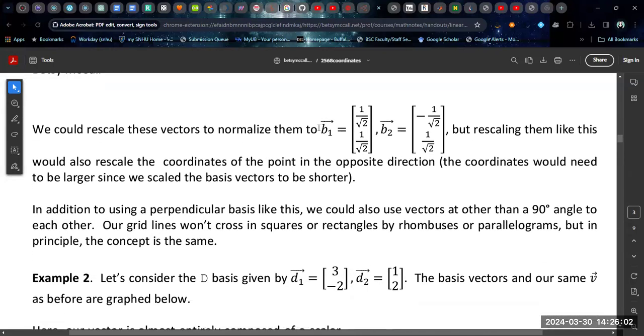Now, in some contexts, rather than dealing with the basis vectors that are a little longer, I may want to normalize them to make them unit vectors. I could do that by rescaling them. Both of these have a length of square root of 2, so I could rescale them.